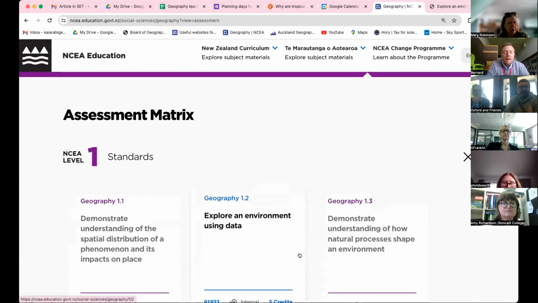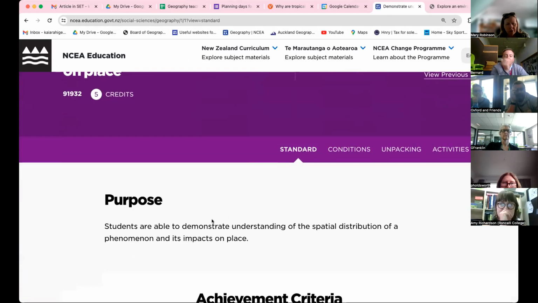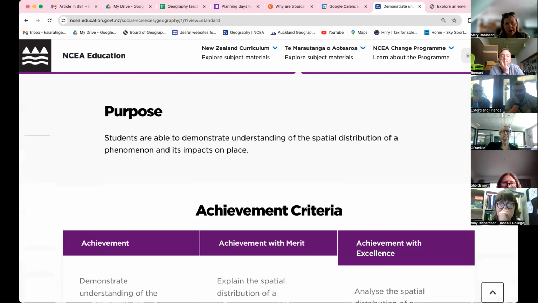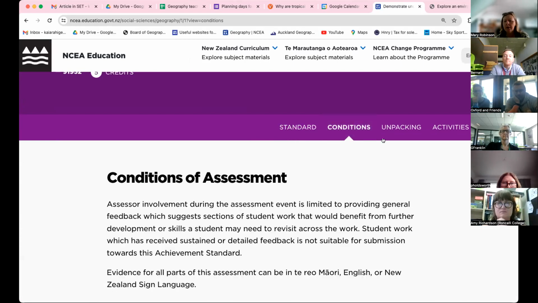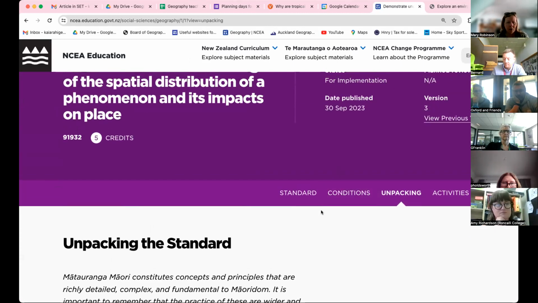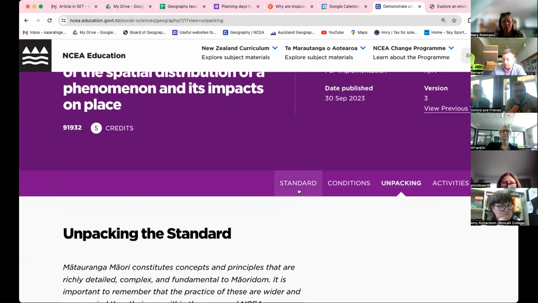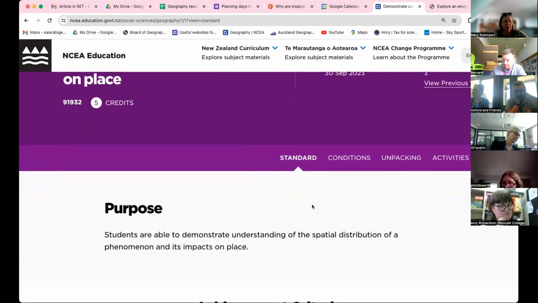Oftentimes teachers haven't gone in and read this and this and this really clearly. These are really important to make sure that when you're doing your assessment, you are actually looking at these things rather than something else.